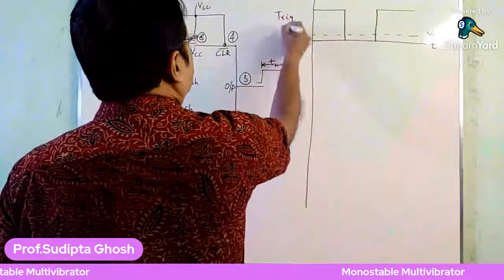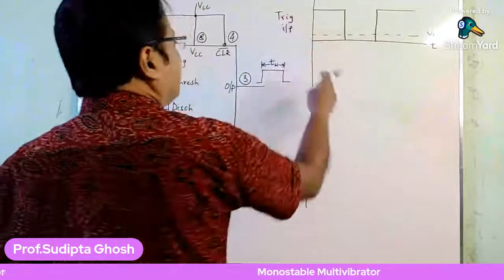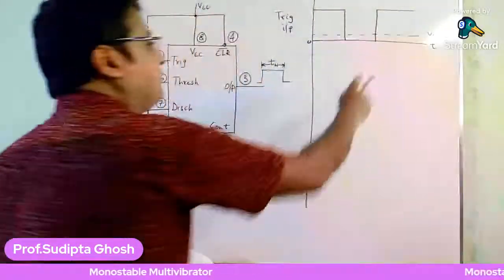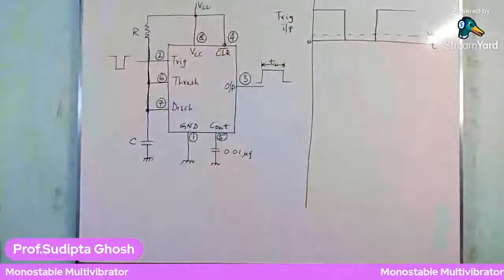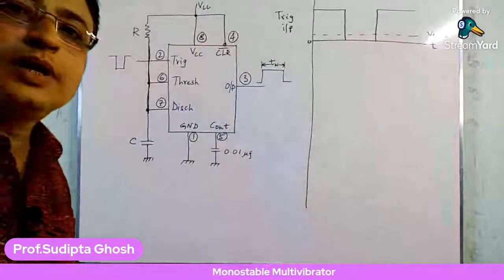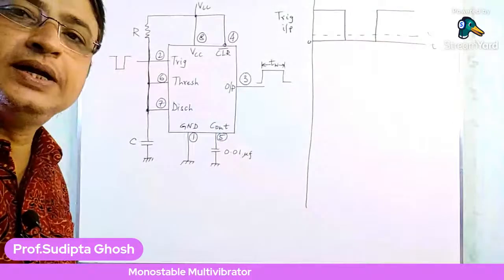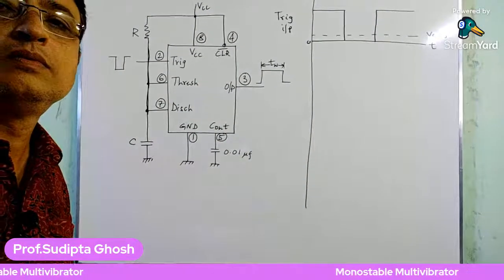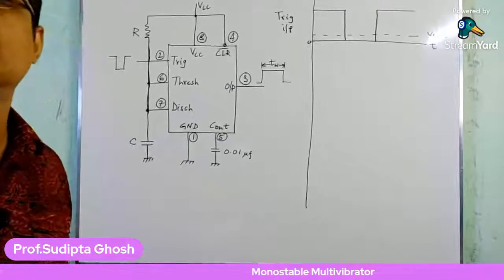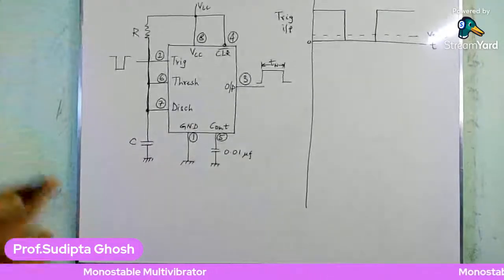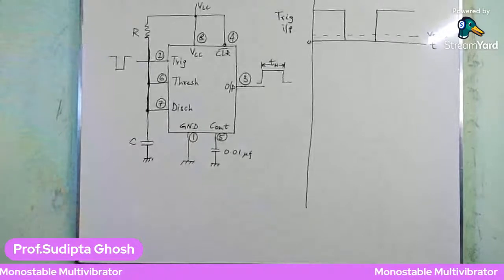Here the trigger input is plotted, and you will find that this is the negative going pulse. Is it okay? Can you all see the graph here? That is the trigger input graph.